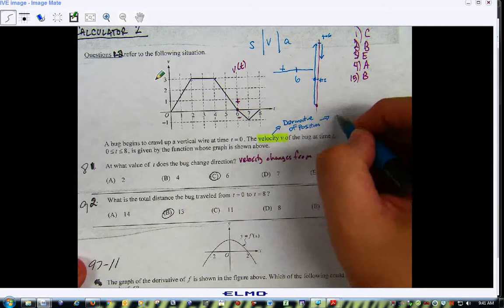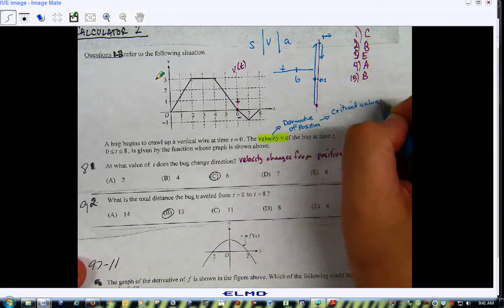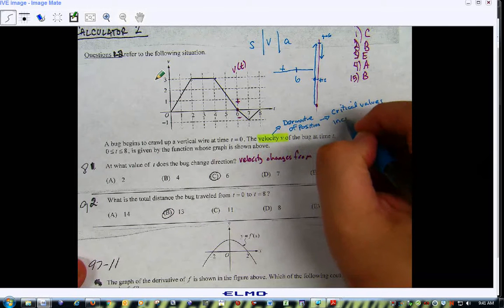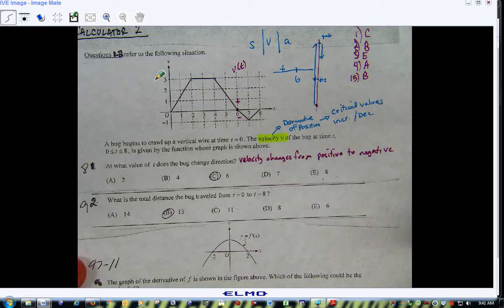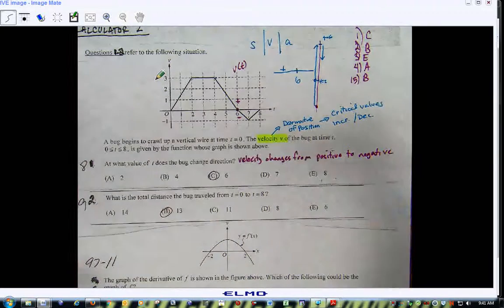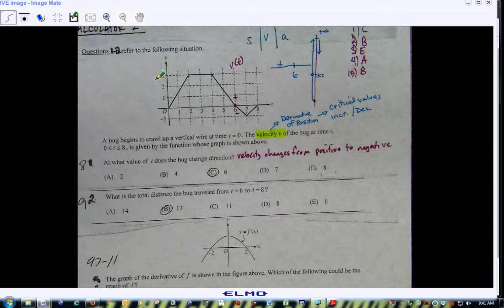And then you can look for critical values, and you can find out increasing, decreasing based off of that idea. That's part of why I'm giving you these specific types of problems, because when you're dealing with velocity, you're usually dealing with a derivative of the position.